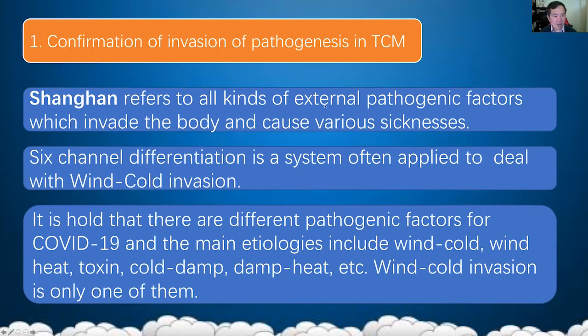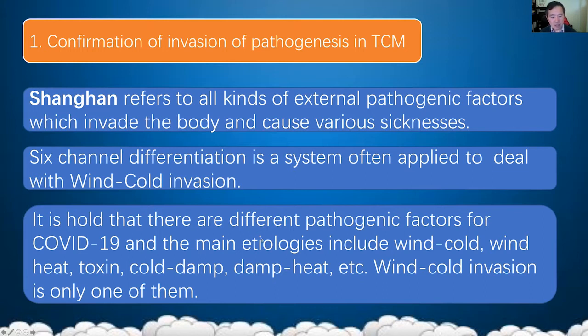However, the narrow sense of Shanghan for 6-channel differentiation only focuses on treatment of the disease caused by invasion of wind cold. And in fact, we use Shanghan 6-channel differentiation in these stages mainly to treat the narrow sense of pathogenic factor invasion, which is invasion of wind cold.